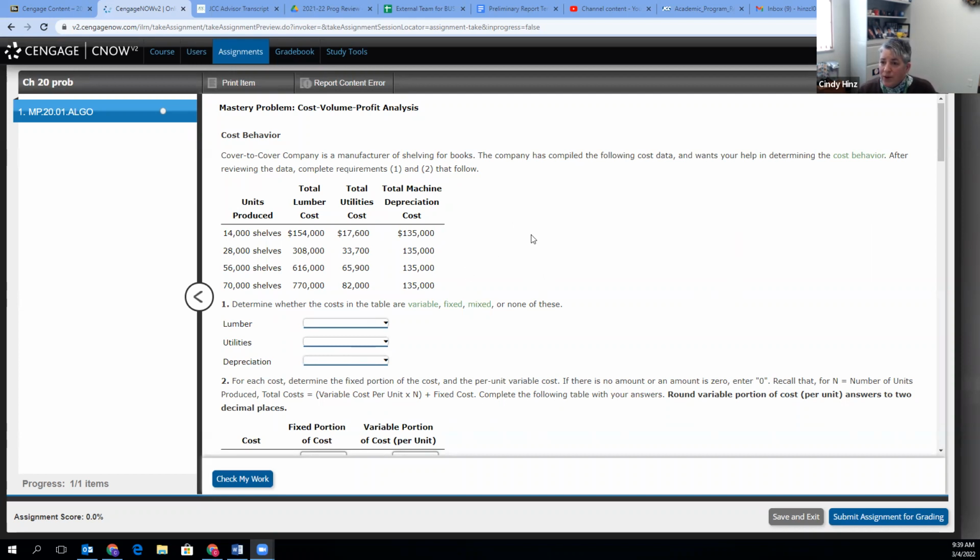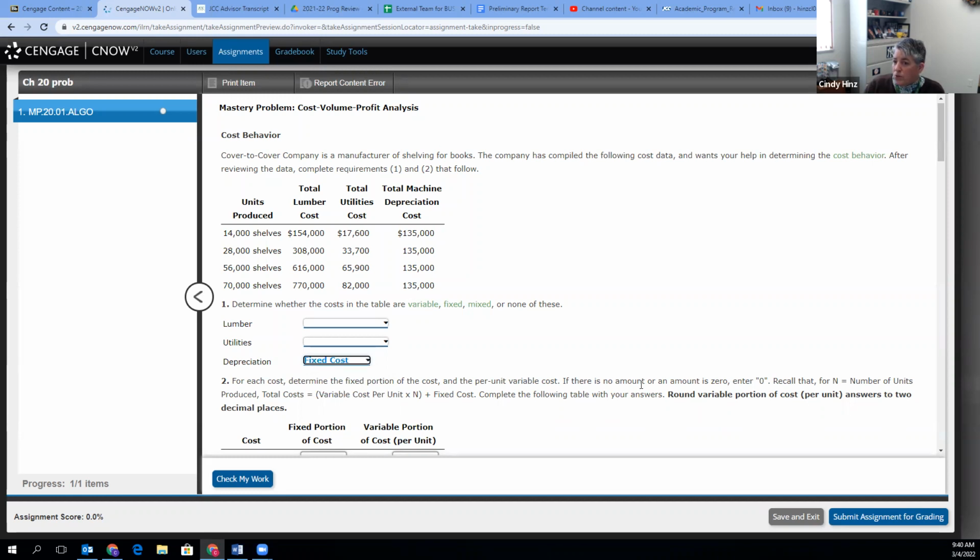The easiest one to identify is the one that is fixed, because the cost remains the same regardless of how many shelves we produce. So 14, 28, 56, and 70, they all have the same cost for total machine depreciation. So we know that is a fixed cost.